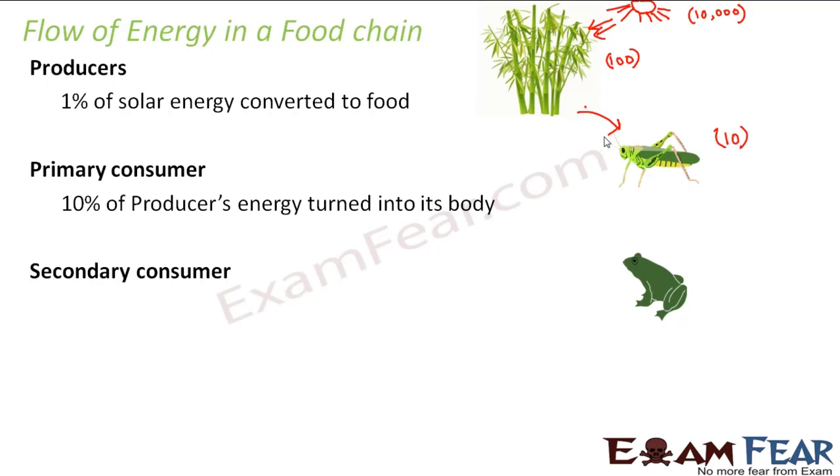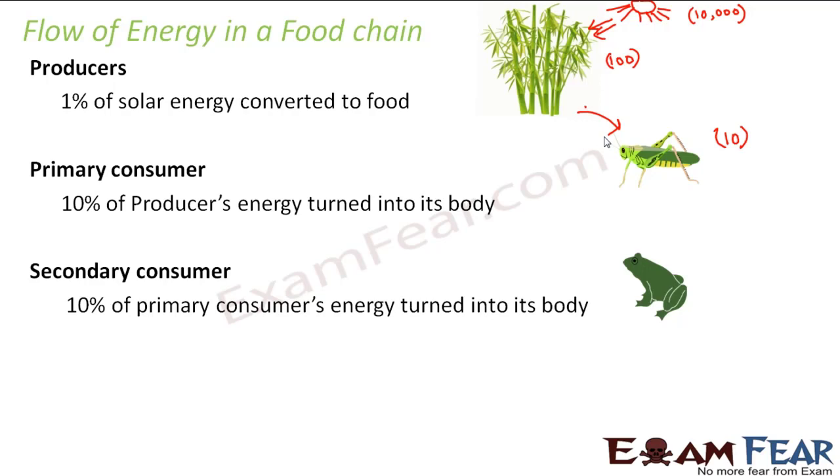So similarly, in this case also, only 10% of the primary consumer's energy will turn into the body of the secondary consumer. So 10% of this energy is just 1 unit of energy. You just see, as the level in the food chain keeps on increasing, the amount of energy which is coming to that animal is decreasing.